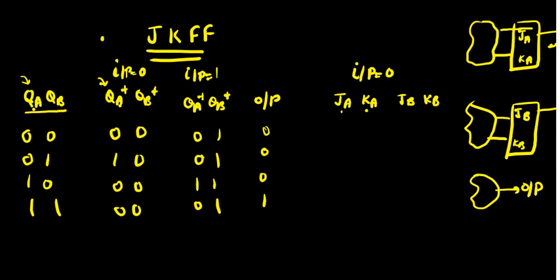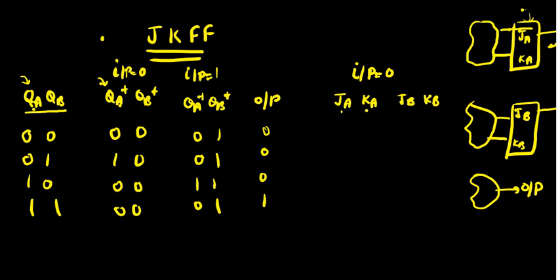Input is 0. We are moving from QA to QA plus. So what type of JK combination will give you this? If you see that we are in 0 and the next is also 0, then either we reset this flip flop, or we don't make any change.